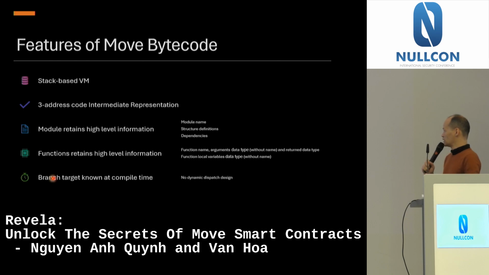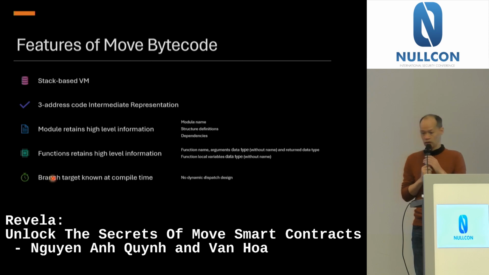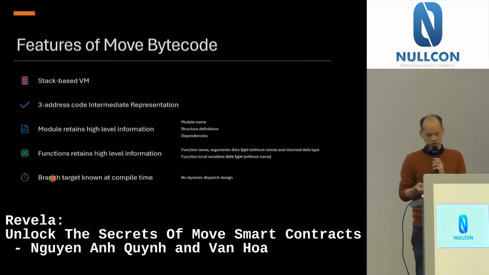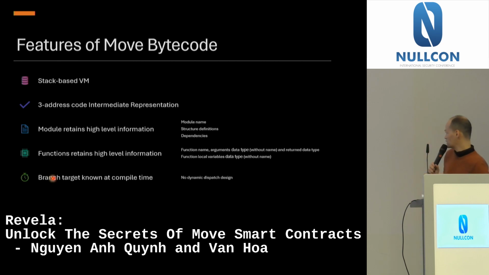For the function inside the Move bytecode, you can see that function also retains a lot of high-level information. You can find the name of the function, all the arguments of the function, and the data types of all the arguments. The only exception is that the bytecode does not keep the names of the arguments. That's the only thing that's missing.